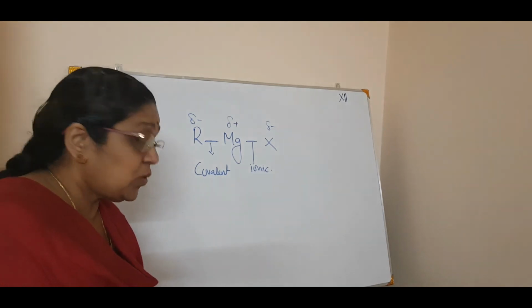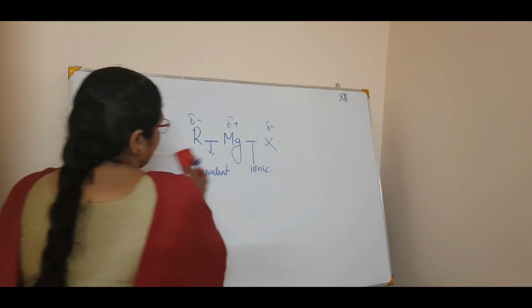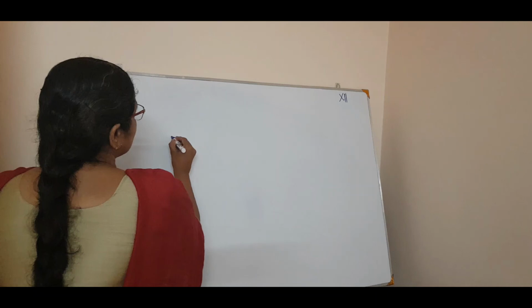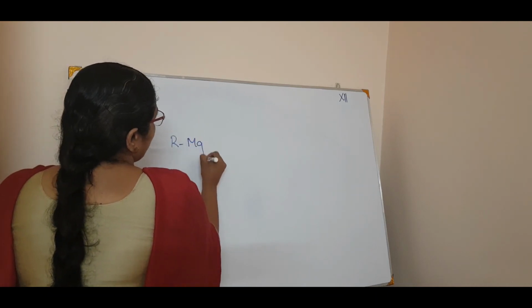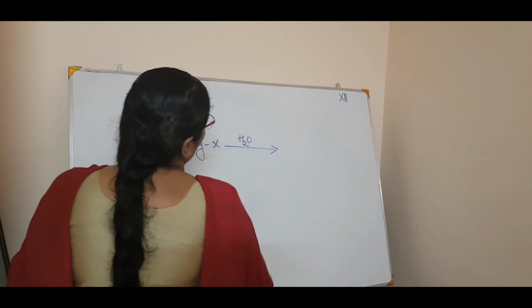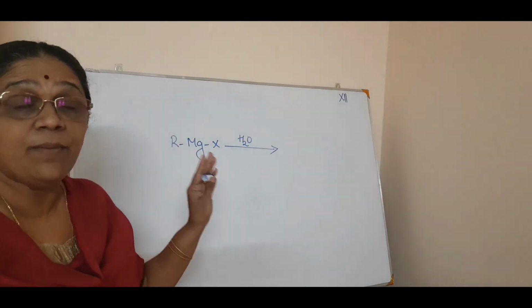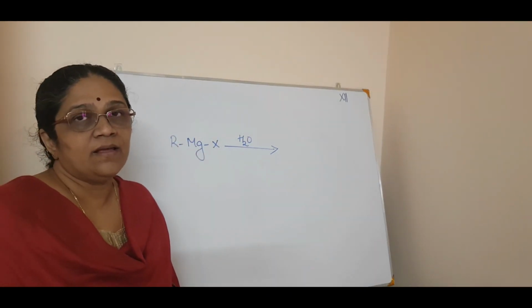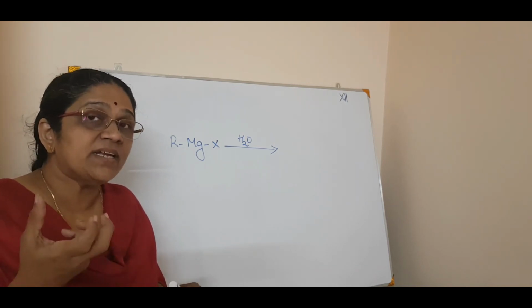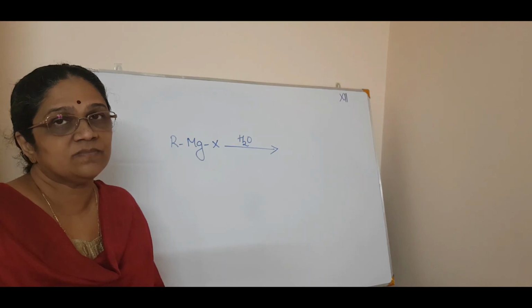Now, two reactions in the Grignard's reagent, only one reaction to study. One is, what happens when RMgX is treated in the presence of any protic solvent or moisture or water or anything which contains an H plus ion? What will happen?